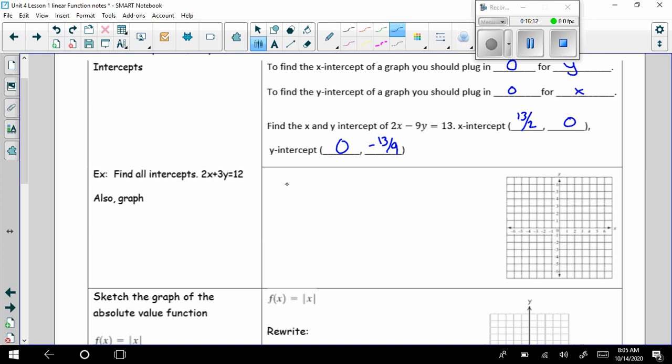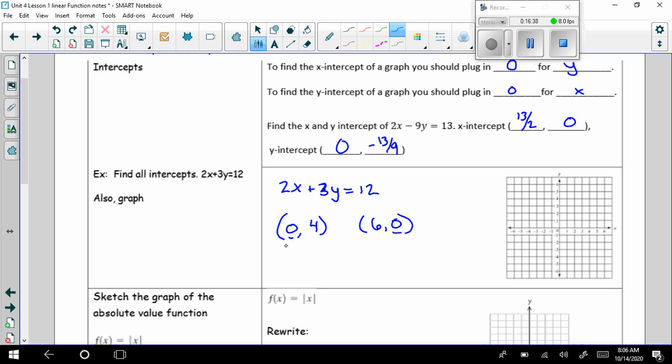But sometimes it works out nicely where both of your coefficients divide evenly into that constant. So, for example, if I plug a 0 in for x here, then I get 12 over 3, which is 4. If I plug 0 in for y, I get 12 over 2, which is 6.